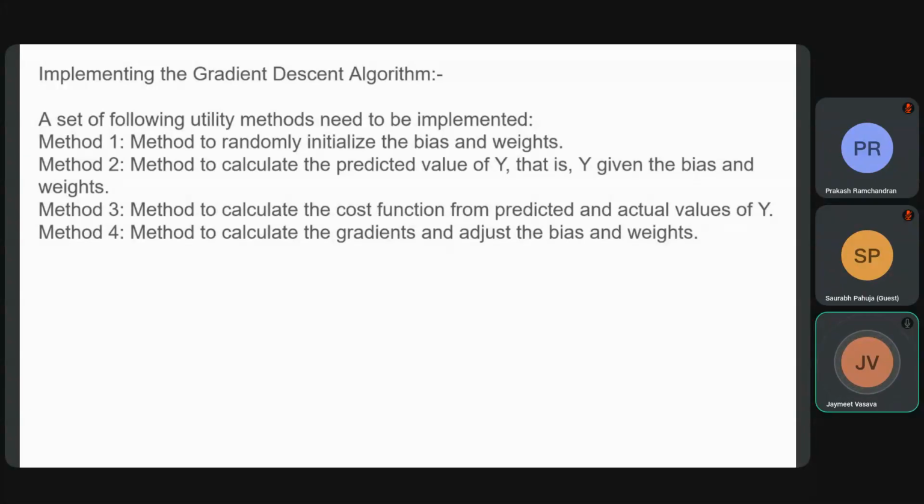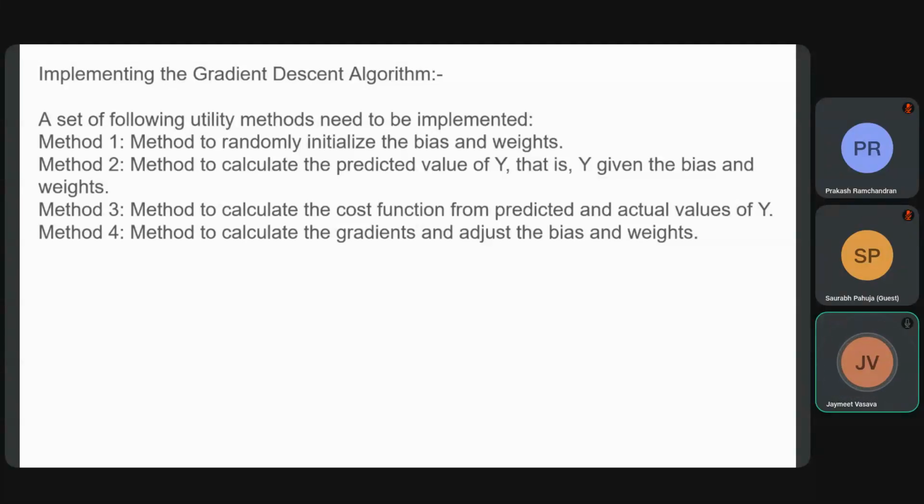So we'll be implementing the gradient descent algorithm now. We'll be doing it in 4 methods. First, a method to randomly initialize the bias and weights. Bias is the intercept, and weights are your coefficients.